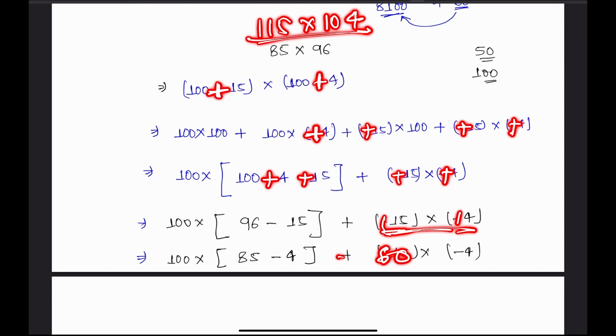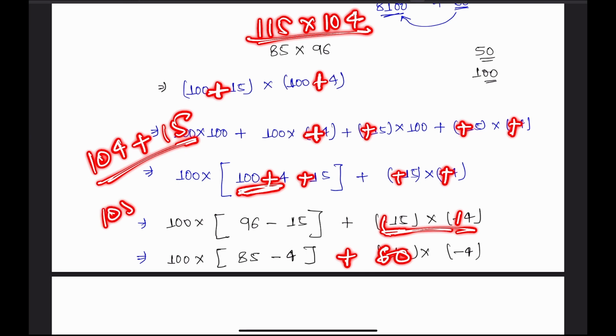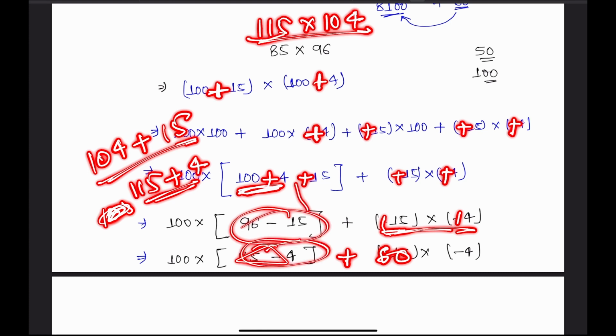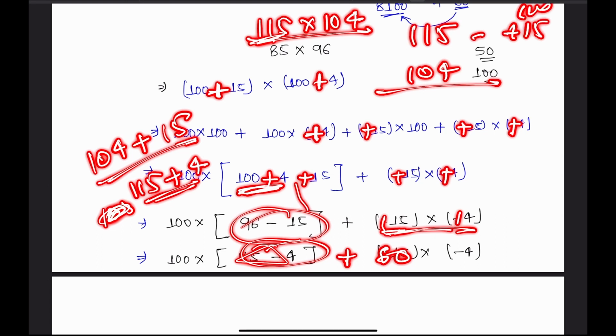Okay, this will be plus 60. What will happen here? 104, it will become 104 plus 15, either this or 115 plus 4. This is what is going to change over here. Okay, this is nothing but 105, 104. If we do here, it is plus 15, because from 100 we need to add 15. Here plus 4, 15, 4, 60, 2 digits we need to leave, and then 115 plus 4 is 119.